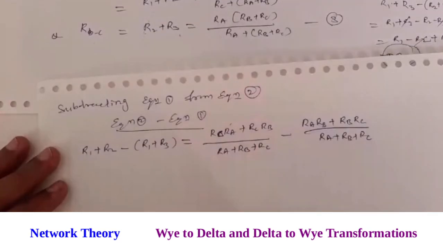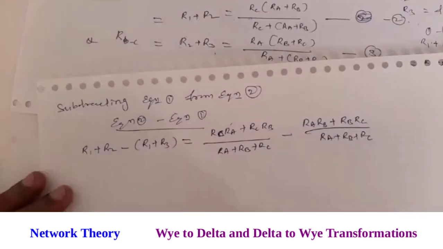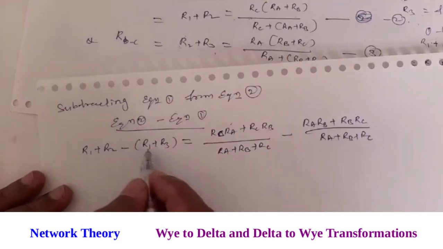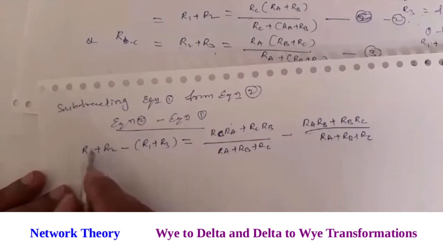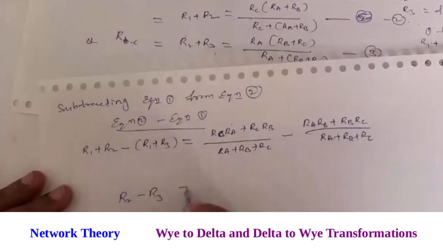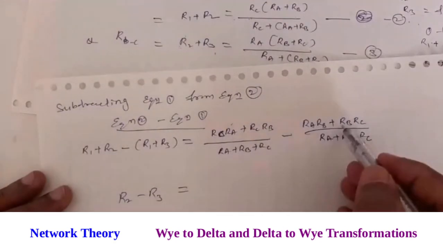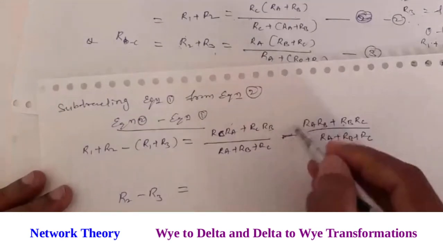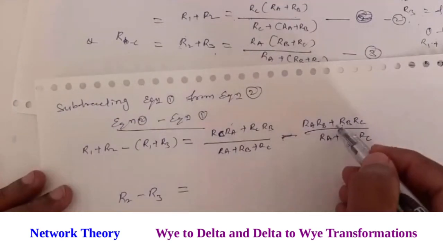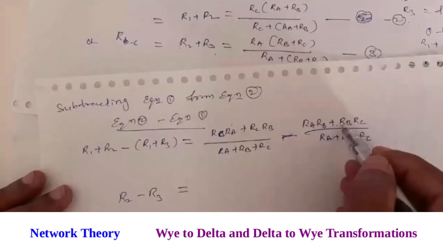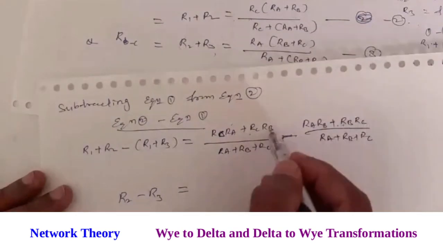Okay, so now if I open this bracket, R1 will get cancelled, I get R2 minus R3, which is equal to, look, dear students, minus into plus will be minus, minus of this is RB RC, and here plus RB RC will get cancelled.